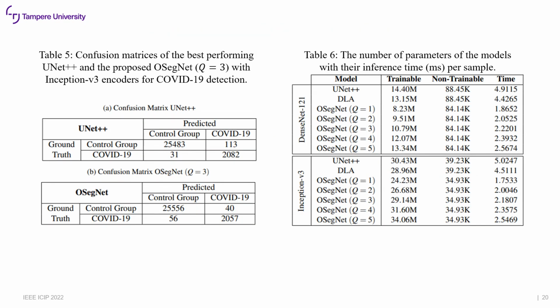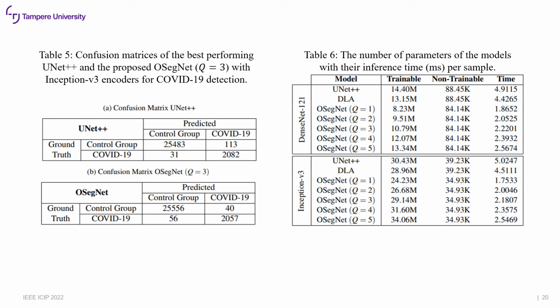In table 5, you can see the confusion matrices of the best performing models, UNet++ and the proposed OSegNet when Q is set to 3 for COVID-19 detection. You can see that UNet++ has higher sensitivity for COVID-19 detection, whereas the OSegNet model has a higher specificity level. In Table 6, you can see the number of parameters of each model with their inference time per sample.